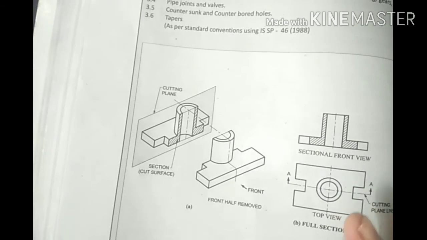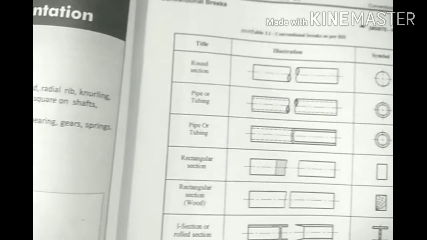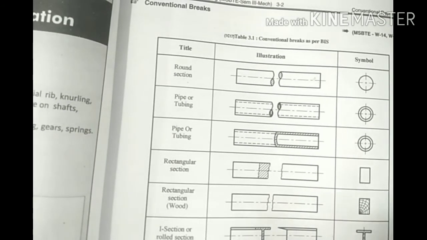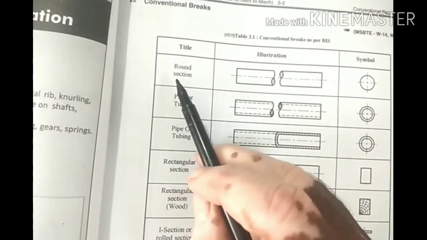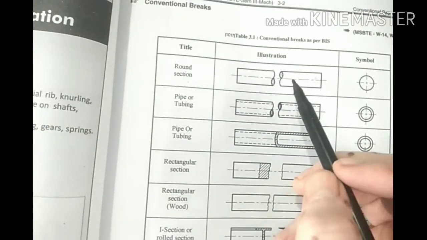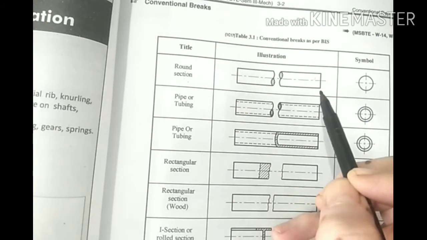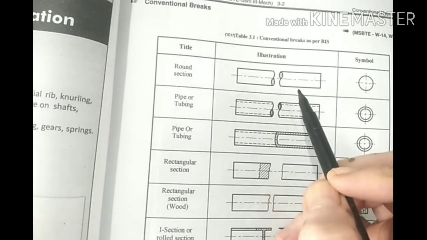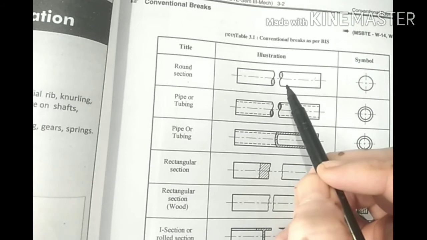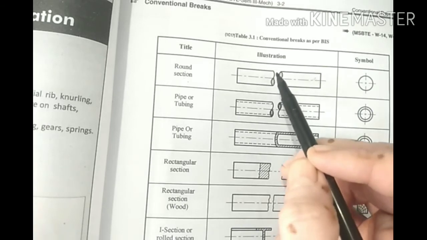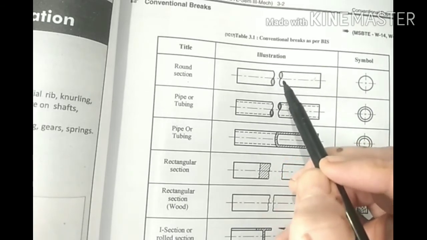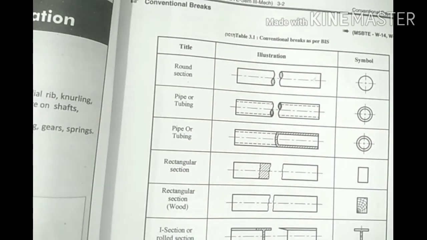So similarly, if you want to show the conventional breaks, means just suppose there is a round section, and the length of the round section is more, but the space available to us is not that much, so we can do the break like this. So that we have studied in first semester, or in convention of lines, short break line, long break line.